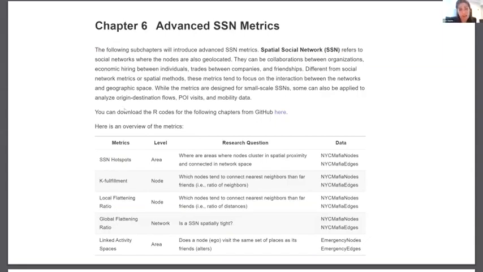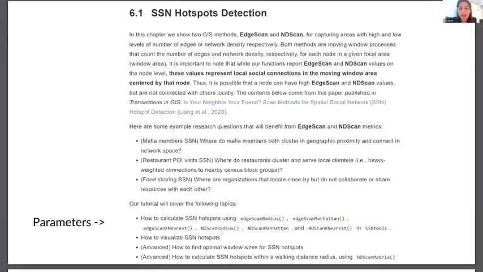So the advanced metrics will help users to do their research, not just visually and not just interactively, but through better statistical analysis. So the hotspot detection, which we showed versus the GI star statistics, allows you to calculate spatial social network hotspots using different radii, using different, like your K nearest neighbors, or using Manhattan distance, or using just Euclidean distance.